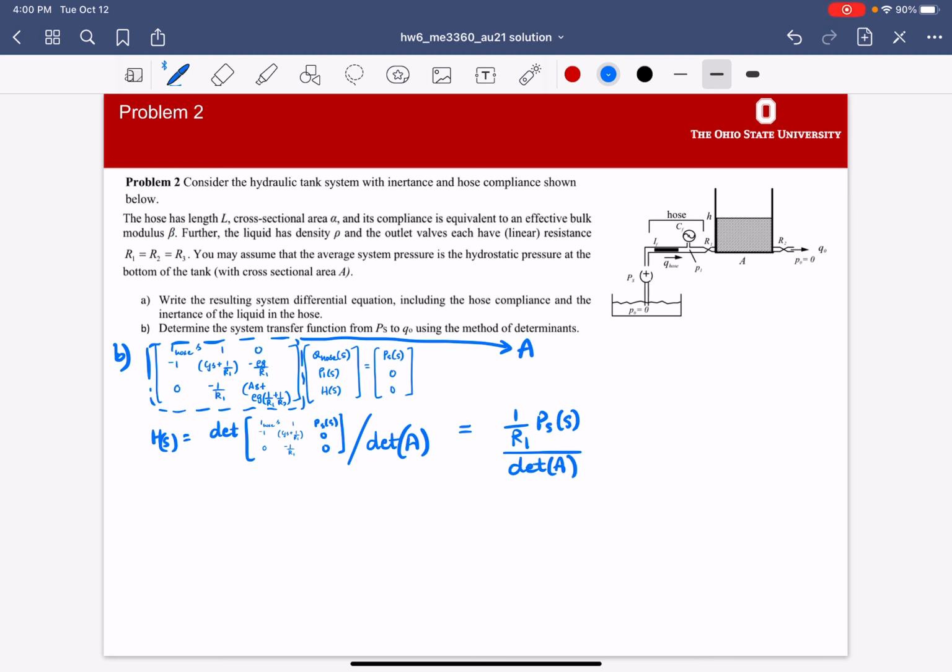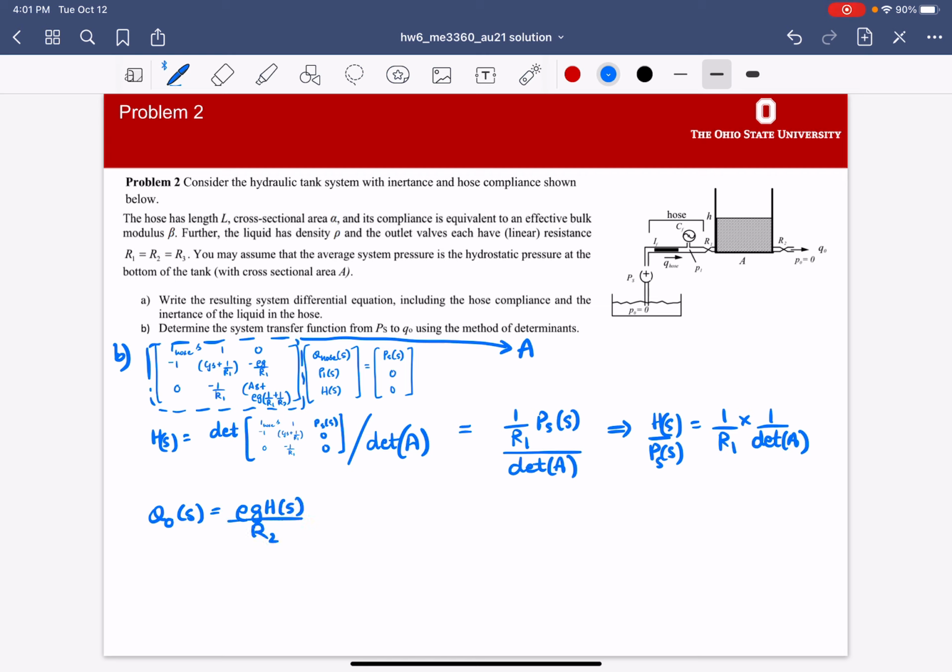And we also know, so now we essentially have HS by PSS is equal to 1 by R1 times determinant of A. And if you were to calculate the Q naught to PS, you guys know that Q naught S would be equal to rho G HS divided by the resistor R2.